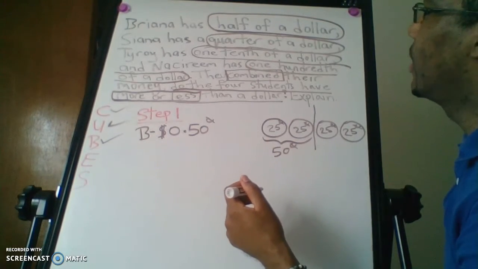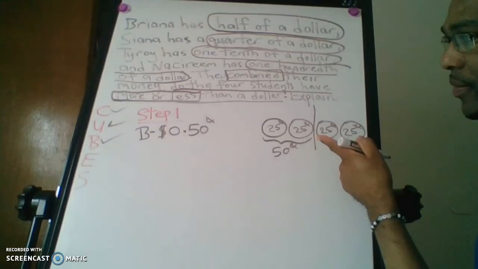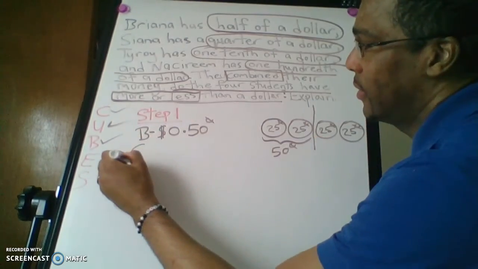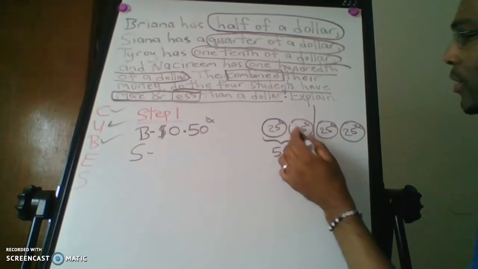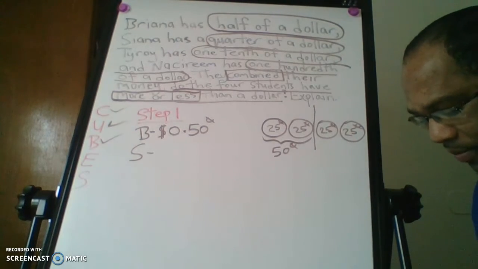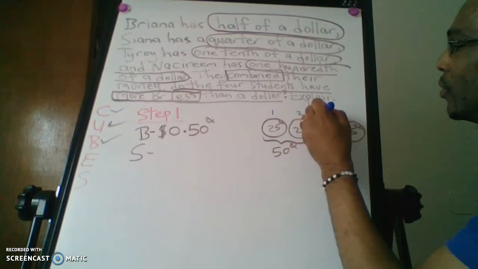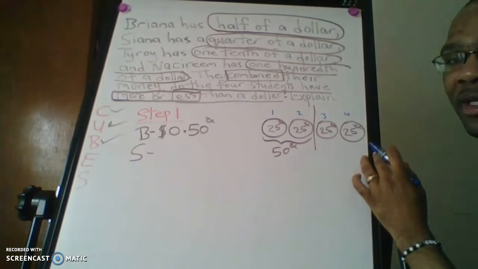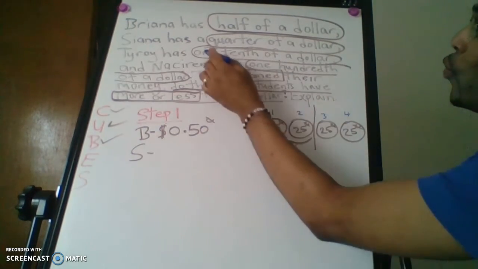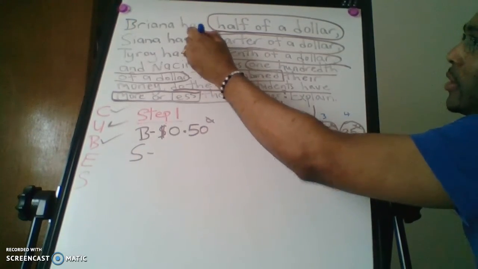Continue now. I'm going to go a little quicker here. Sienna has a quarter of a dollar. I could still use the same diagram here for Sienna, S for Sienna, as a quarter of a dollar. Let me just use a different color. Hope you can see that. 1, 2, 3, 4 quarters make a dollar. Sienna only has 1 quarter. A quarter means 1.